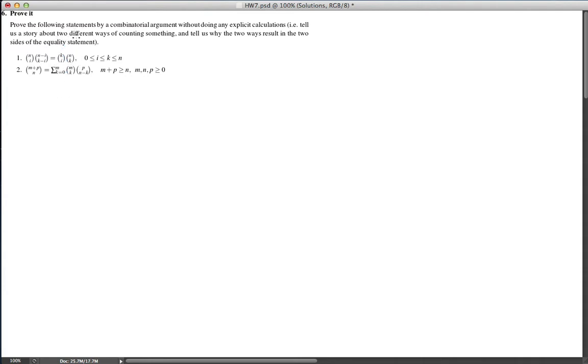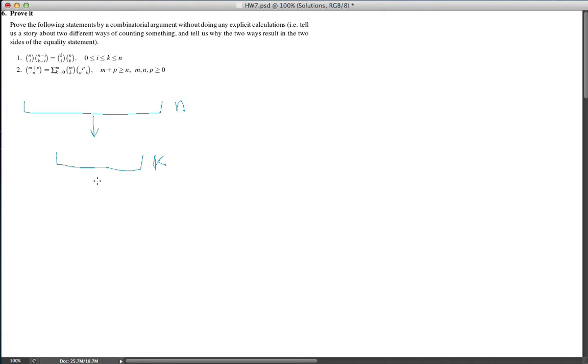So why don't we come up with a story that uses this fact? Let's say that there is a set of n different students, and then we want to select k of them to be part of, I don't know, the school's student board.